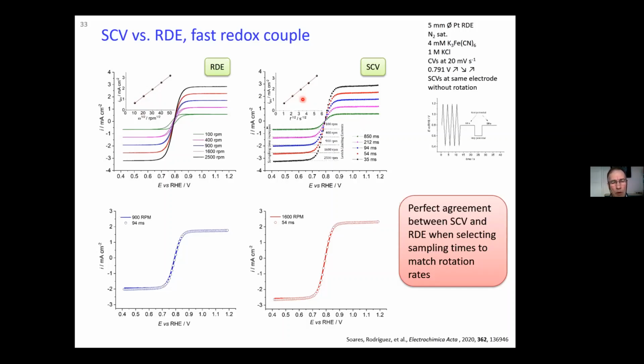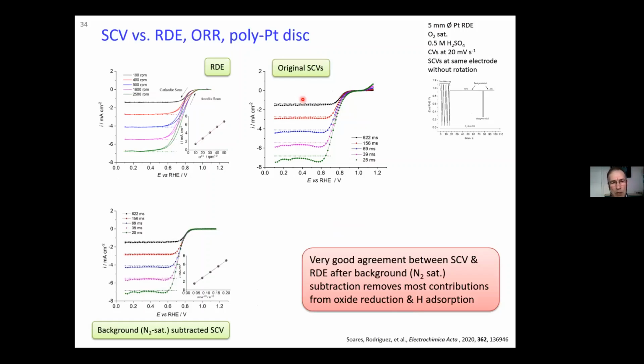So now what I want to show you is how we've moved from having demonstrated that we could use sampled current voltammetry to perform experiments as if we had a rotating disc electrode to a system which is obviously much more complicated, the oxygen reduction reaction. This was a polycrystalline platinum disc. On the left-hand side, we've got the experiments performed on the rotating disc, voltammograms for oxygen reduction at low rotation rates and then high rotation rates, and plotting the limiting current against the square root of the rotation rate, we get the linear relationship.